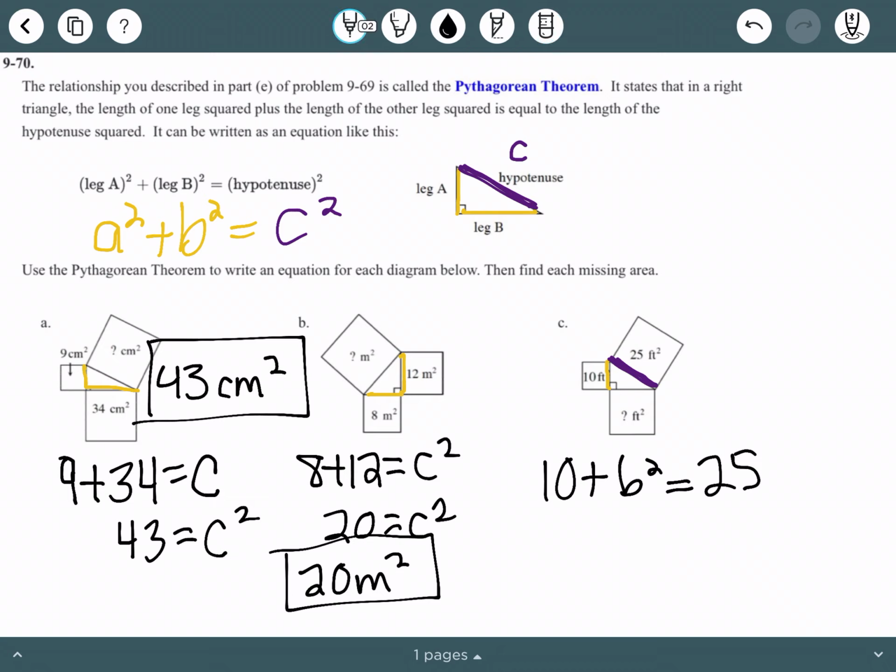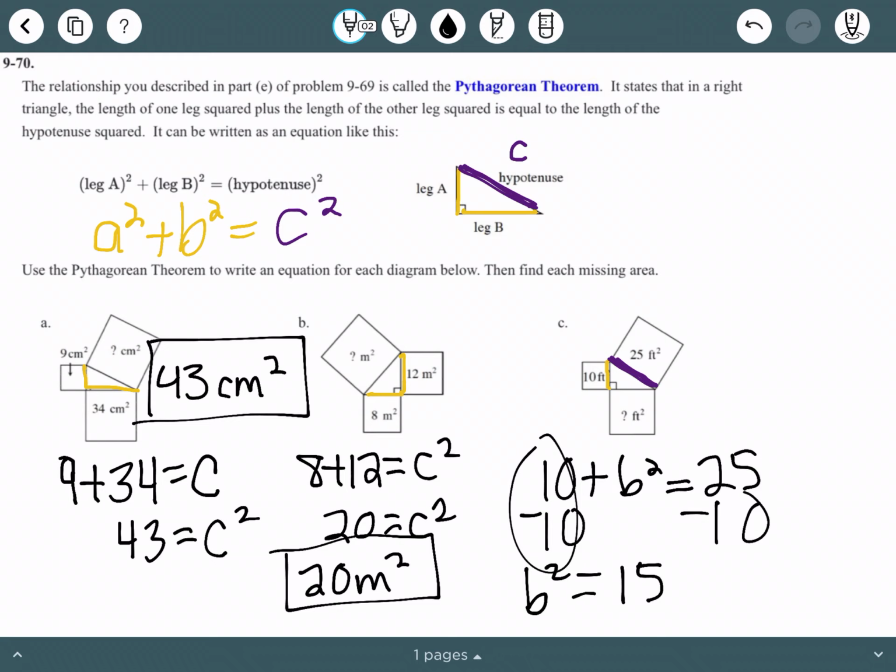So to solve this, I can see just by looking that 10 plus 15 is going to give me 25. So if I want to write it out proper like, I can subtract 10 from each side, and I'm left with 15 equals b squared.